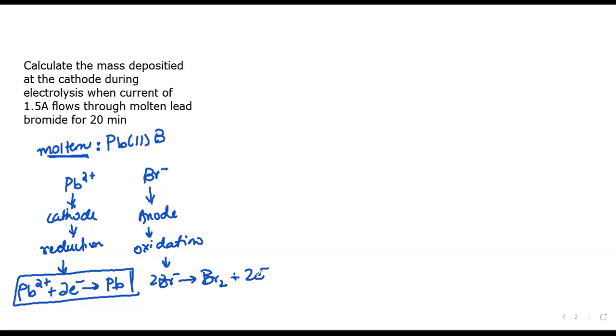So we have to find out how much charge I need. I have 2 moles of electrons.